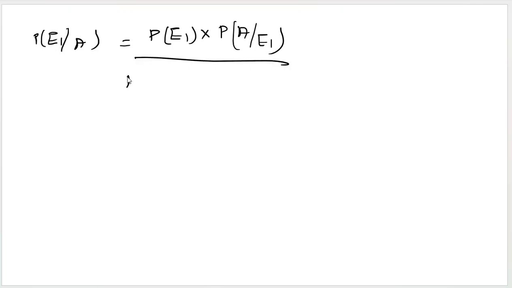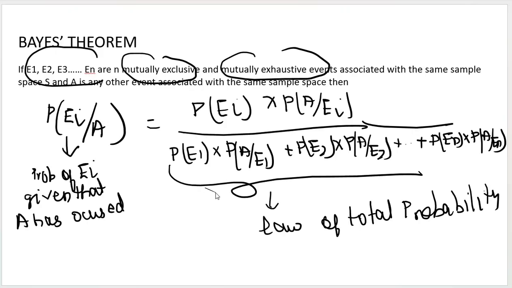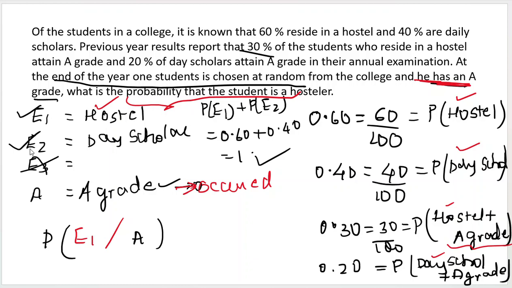Now the denominator will be P of E1 into P of A given E1 plus P of E2 into P of A given E2. Although the formula has n terms, we observe in our question that we could only get E1 and E2, and in majority cases we will only get E1 and E2.